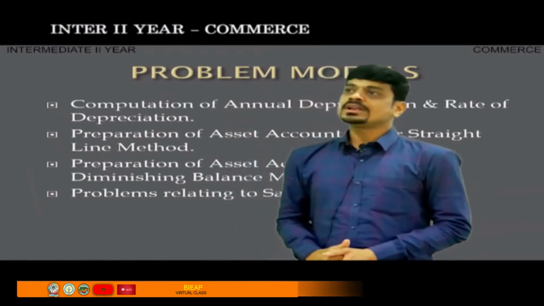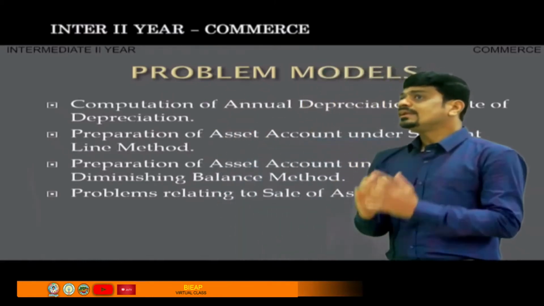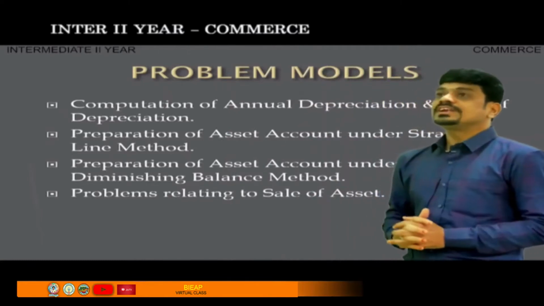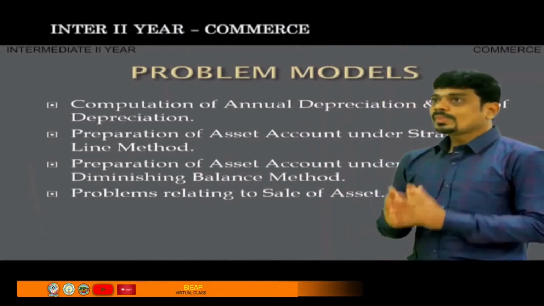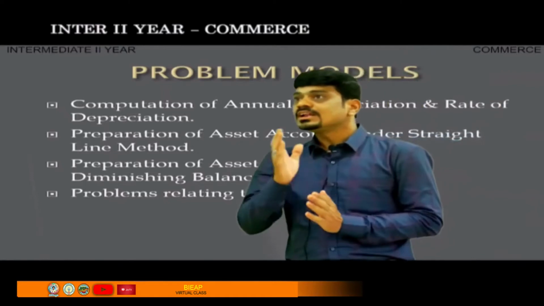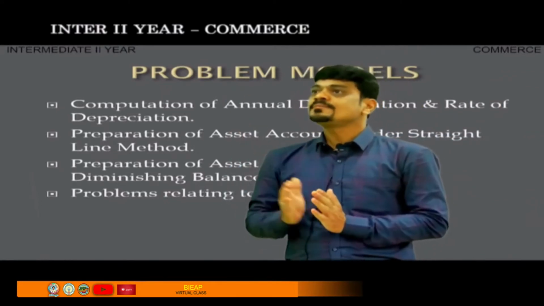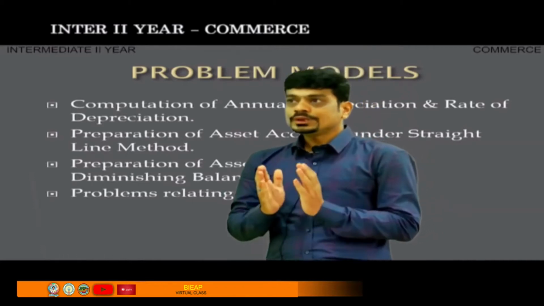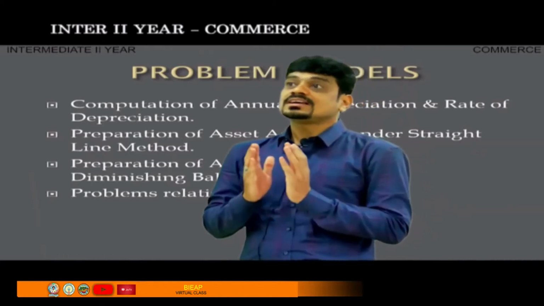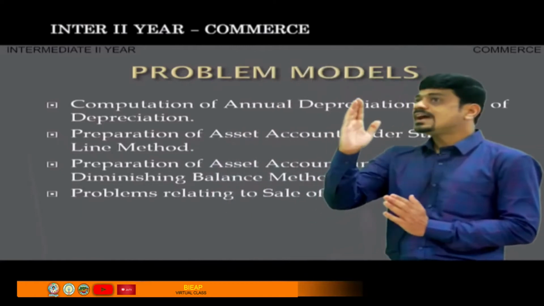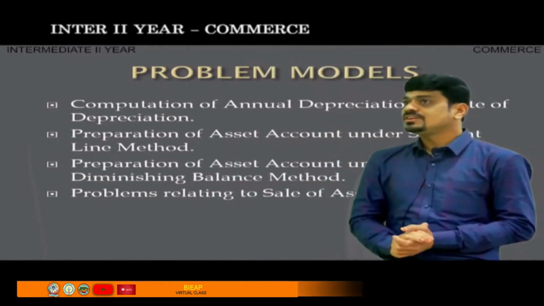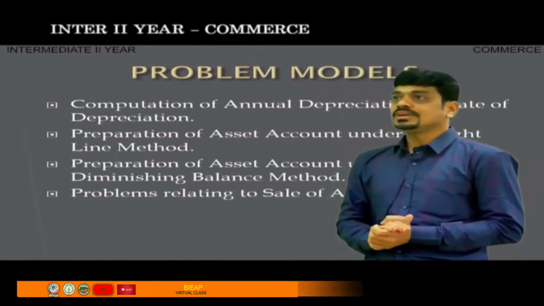The second model I gave you is how to prepare the asset account under straight line method. Asset account, keep in mind, is a real account. Last year we did personal account for 5 marks. In the similar manner, this year we are going to prepare real account, that is asset account. And for that we have 2 methods of depreciation which are prescribed for Board of Intermediate.